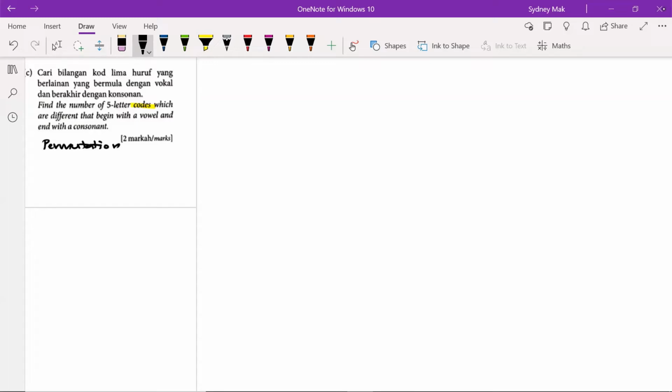This one, coding, password, permutation. And therefore, let's see what do we have in hand. We have 4 consonants, which is P, S, T, and V. And we have 2 unique vowels, which are O and E, and 2 identical vowels, I and I.